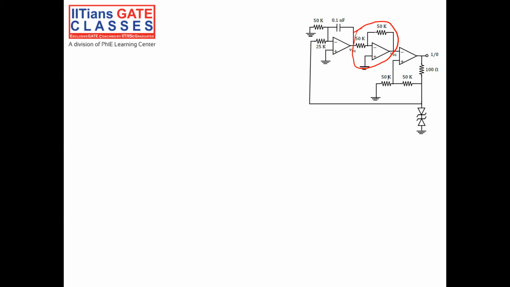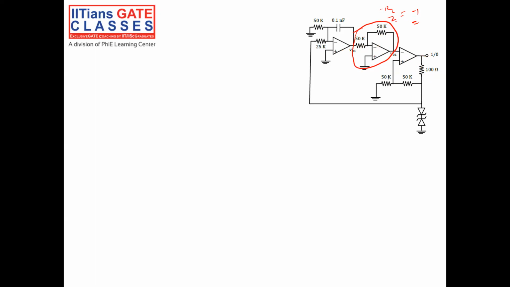The gain of this amplifier is minus R2 by R1, which is -1. So this is introduced to make my output go positive when my V0 is plus Vset.